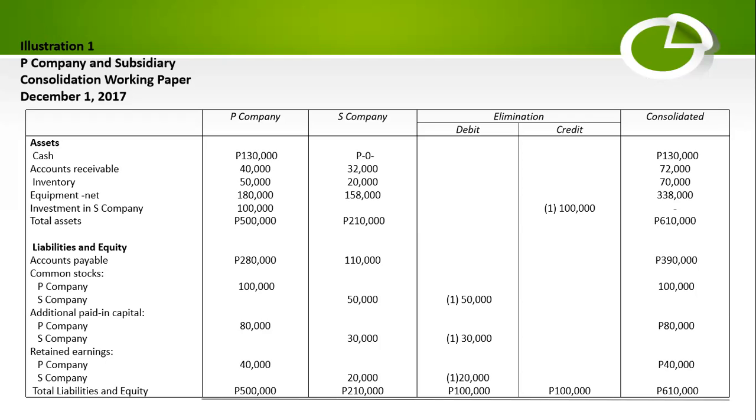The equity is 220,000, the sum of common stock, APIC, and retained earnings. Now take note that these shareholders' equity account balances are only those of the parent and no longer those of the subsidiary.